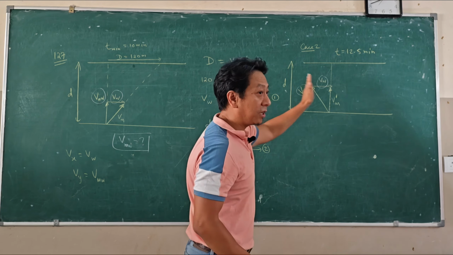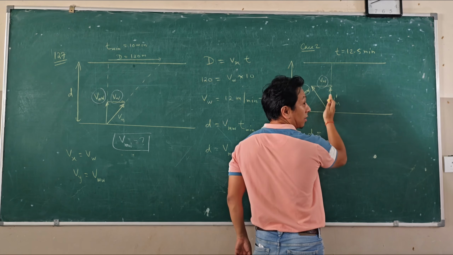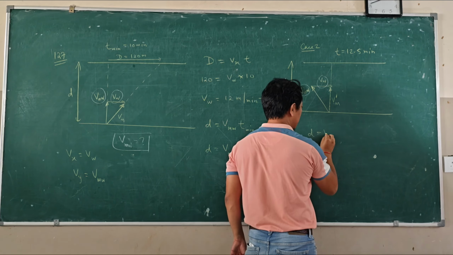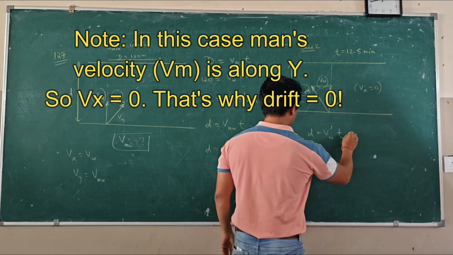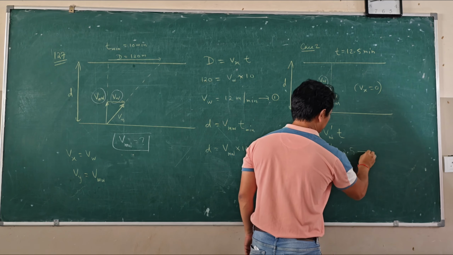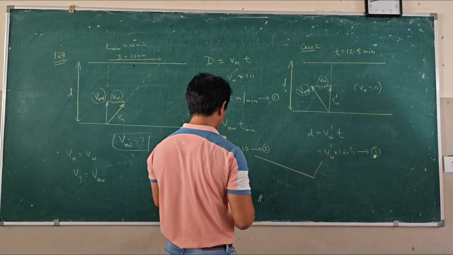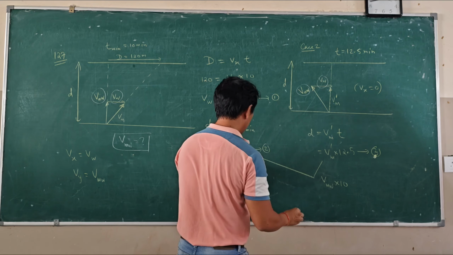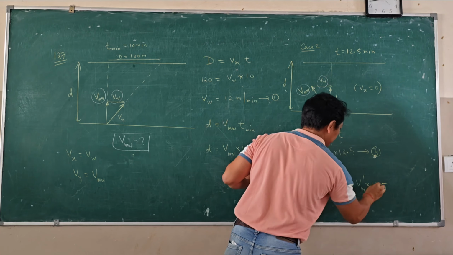Let us try to calculate D here also. So D here will be what? Vmw cos theta, which is Vm dash, into T. Yes or no? And what is T in the second case? 12.5. Both are in minutes. So from equations 2 and 3, I can write Vmw into 10 is equal to Vm dash into 12.5.